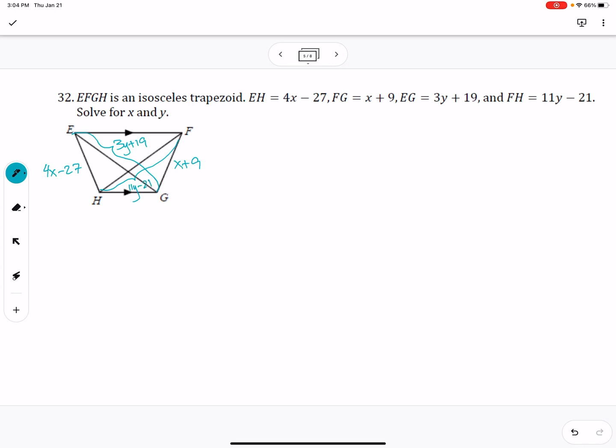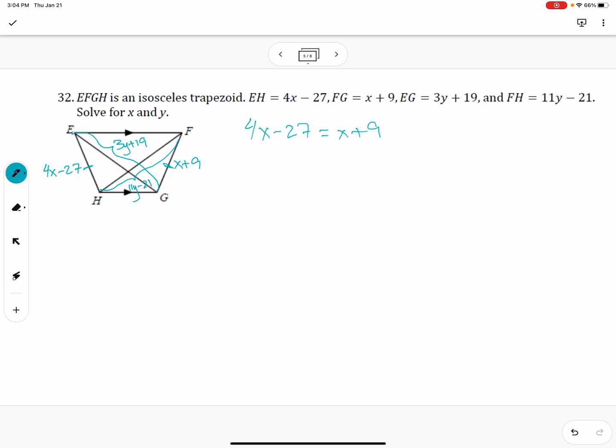Okay, since these are the parallel sides in this isosceles trapezoid, these two sides have to be congruent. So that's your first equation. 4x minus 27 equals x plus 9. That's equation number 1. I think you guys have that one. Since it's an isosceles trapezoid, the diagonals are congruent.